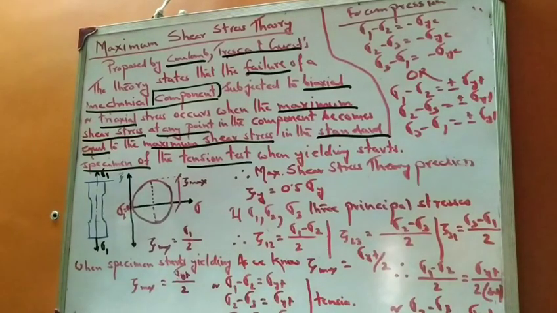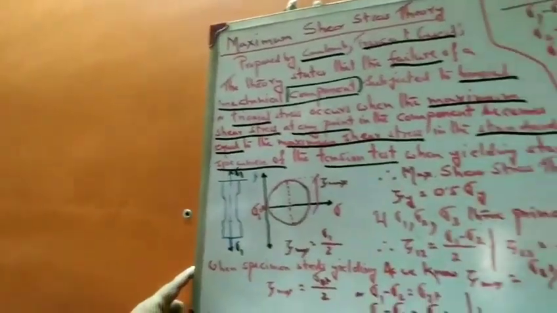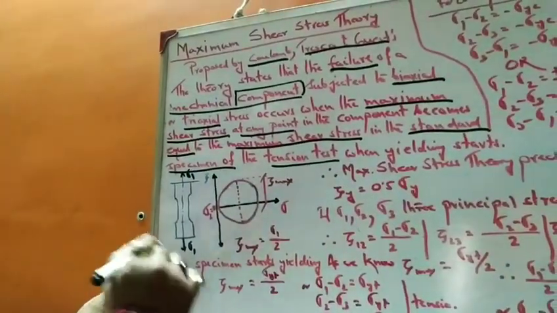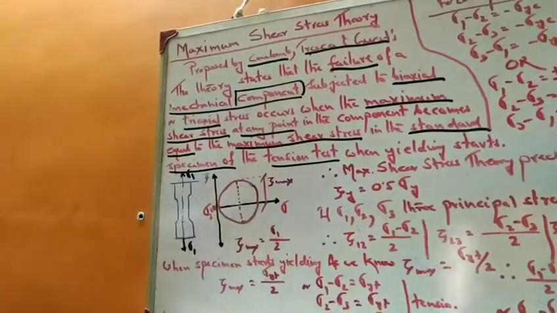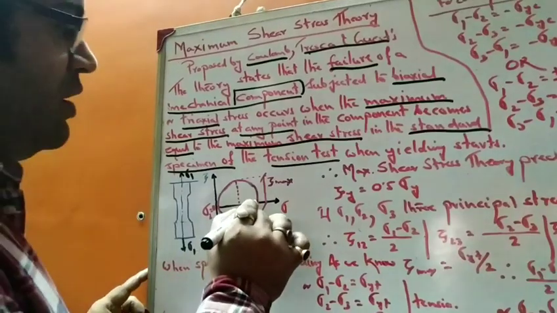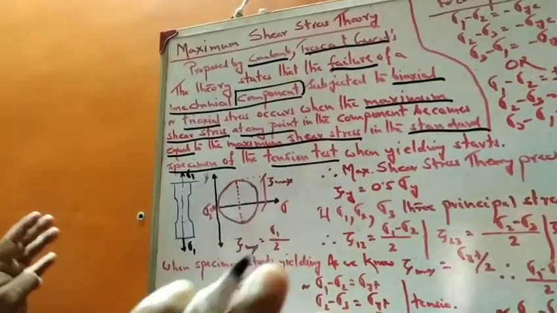According to this, if we see a standard tensile specimen, we assume that there is only one stress acting, that is sigma 1. At this condition, if we plot a Mohr circle, we consider sigma 1 up to there, and sigma 2 is 0 because there is no sigma 2.